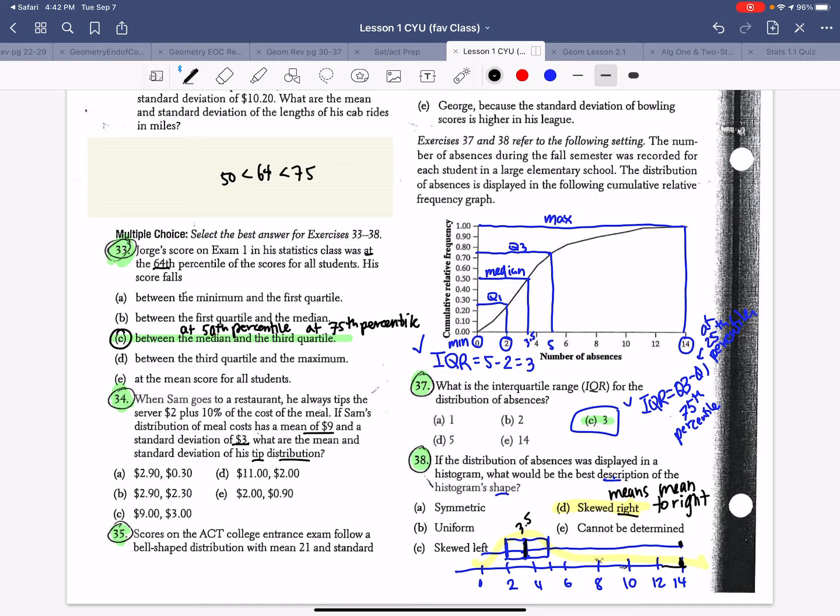So the mean, he says he always tips the server $2 plus 10%. So if on average he pays 9 and then he pays another 2 in tip, I feel like I could put that here.